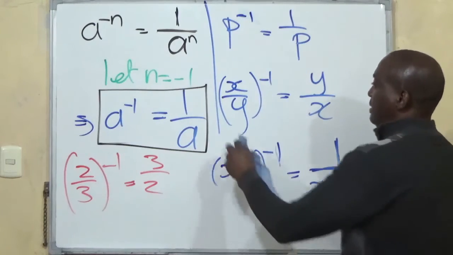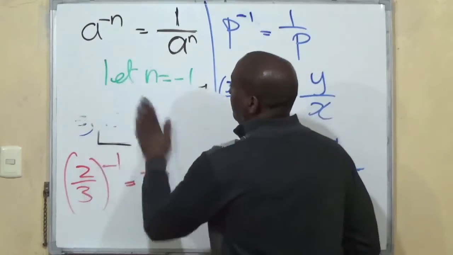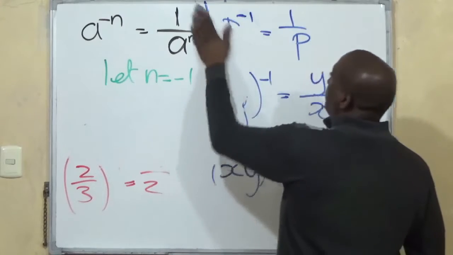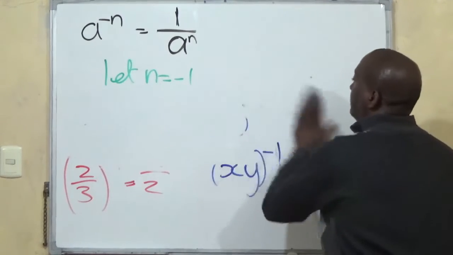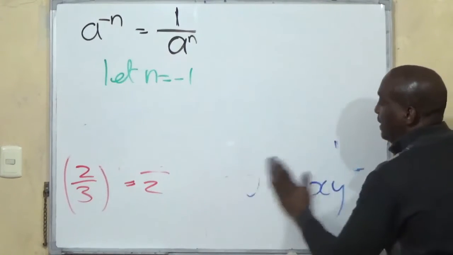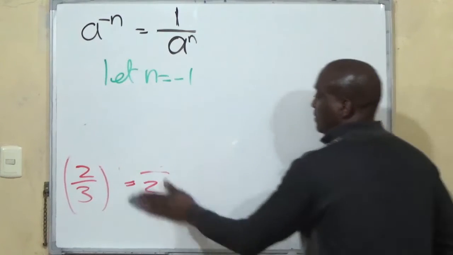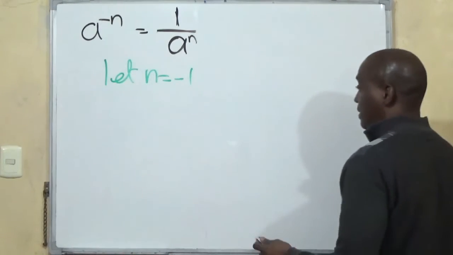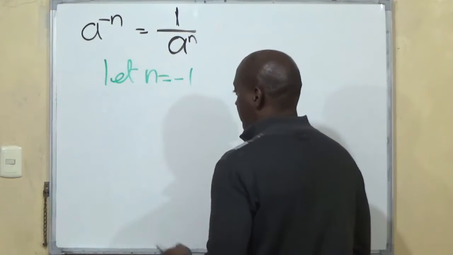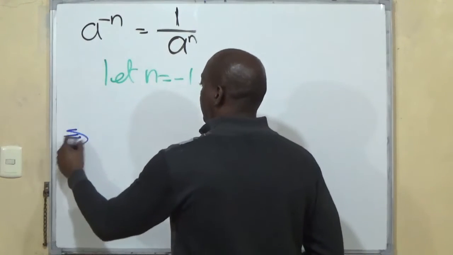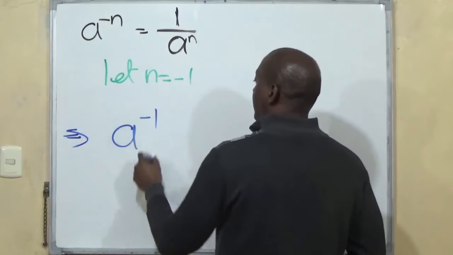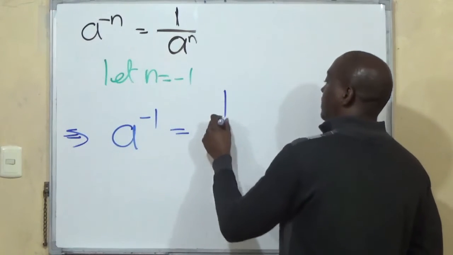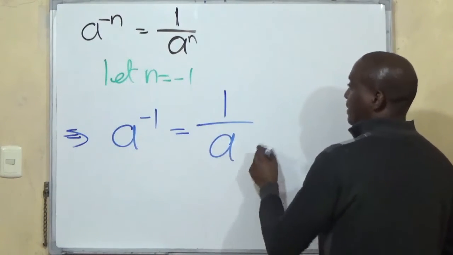Let me clear the board and write it over. Alright? Just to drive the point home that when you let n equal minus 1, then you end up with a to the minus 1 being equal to 1 over a.